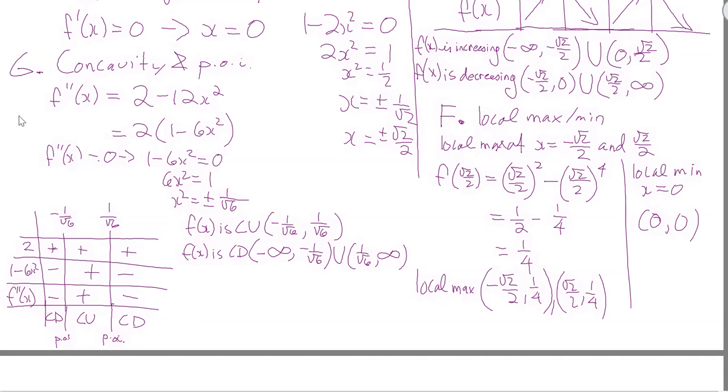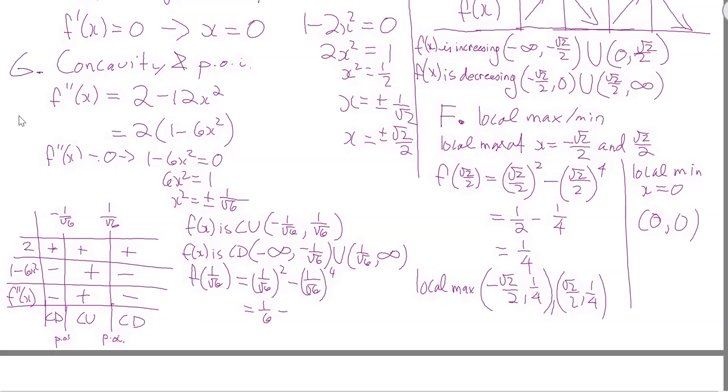And our points of inflection: f of 1 over root 6. We just need the one, because they're both going to have the same value, because of symmetry and squared and fourth. So 1 over root 6 squared minus 1 over root 6 to the fourth.